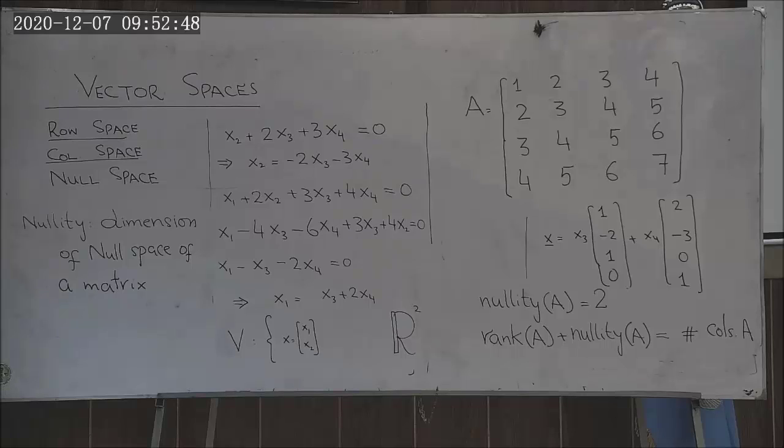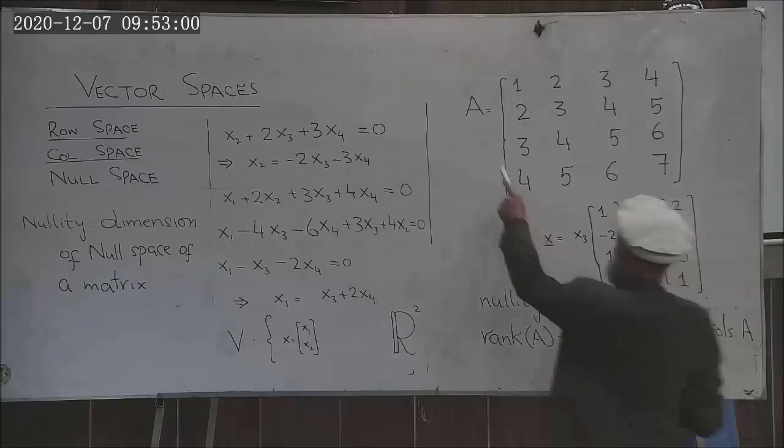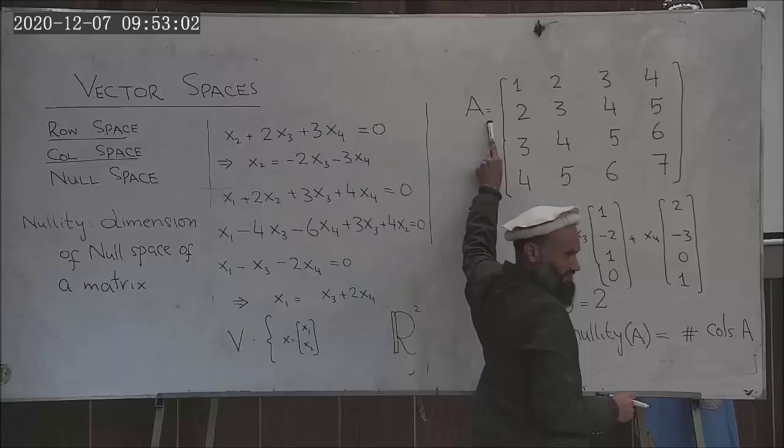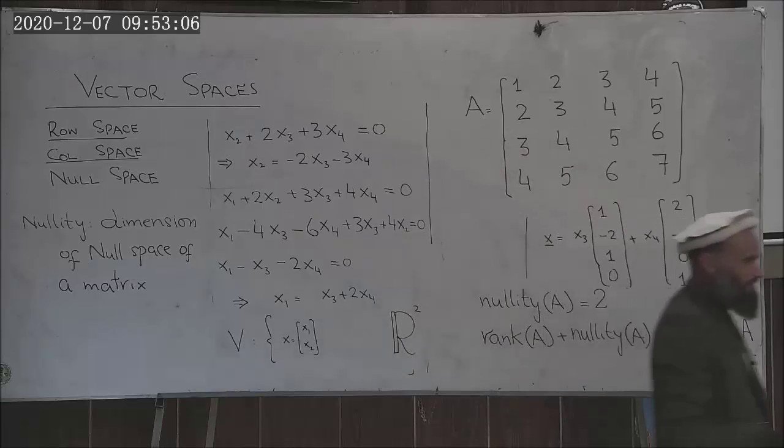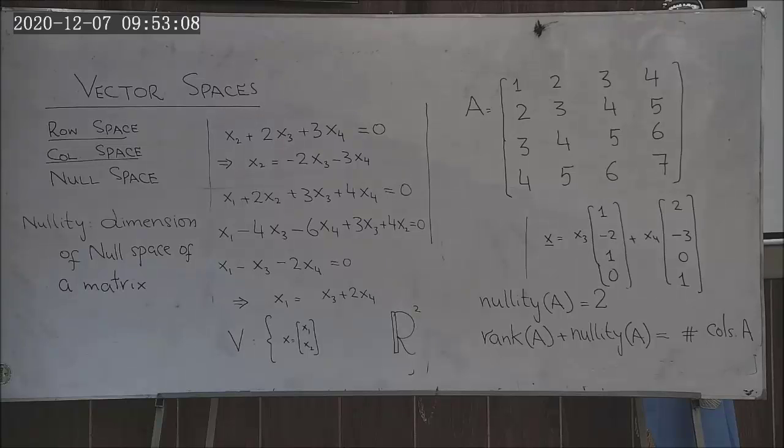Number of columns. That is the number of columns. No, not necessarily. A does not have to be a square matrix. A can be any matrix, rectangular matrix as well.